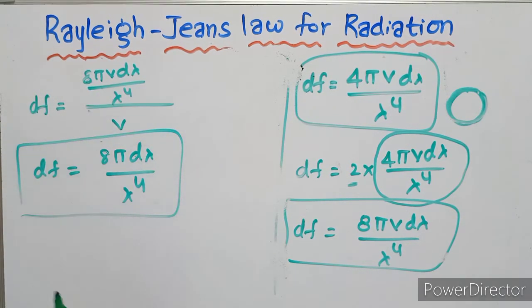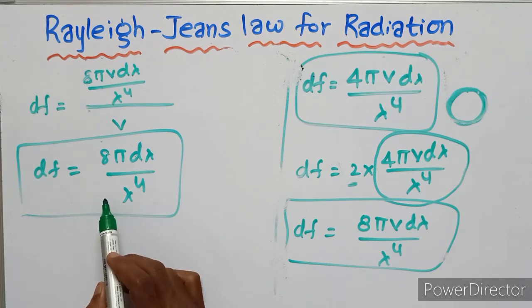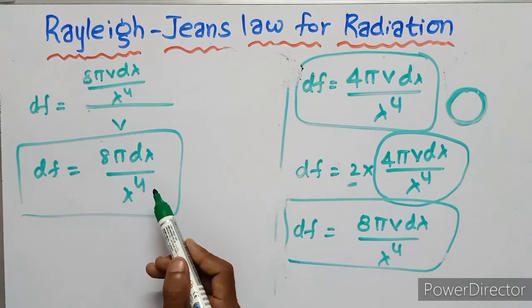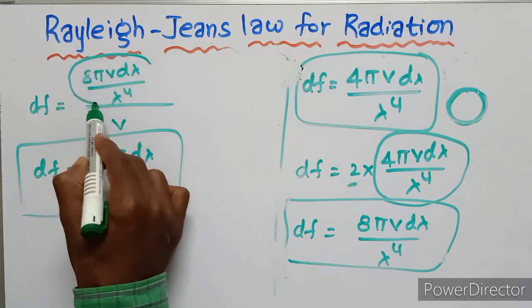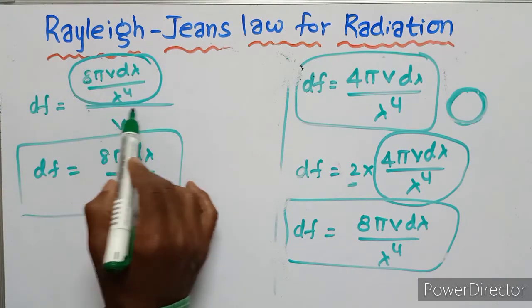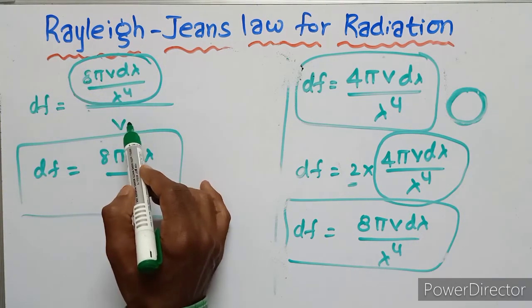This is the total number of vibrations per unit volume, with the volume in the denominator.